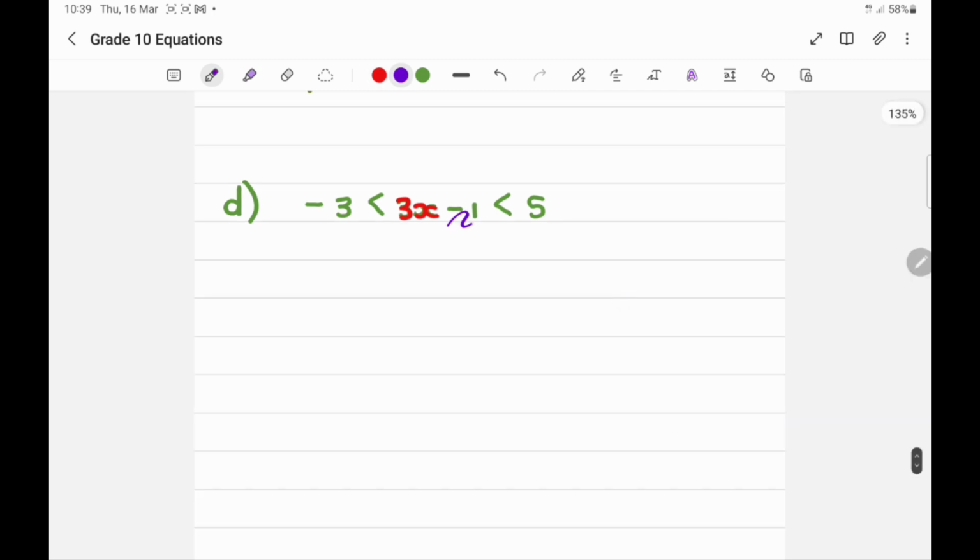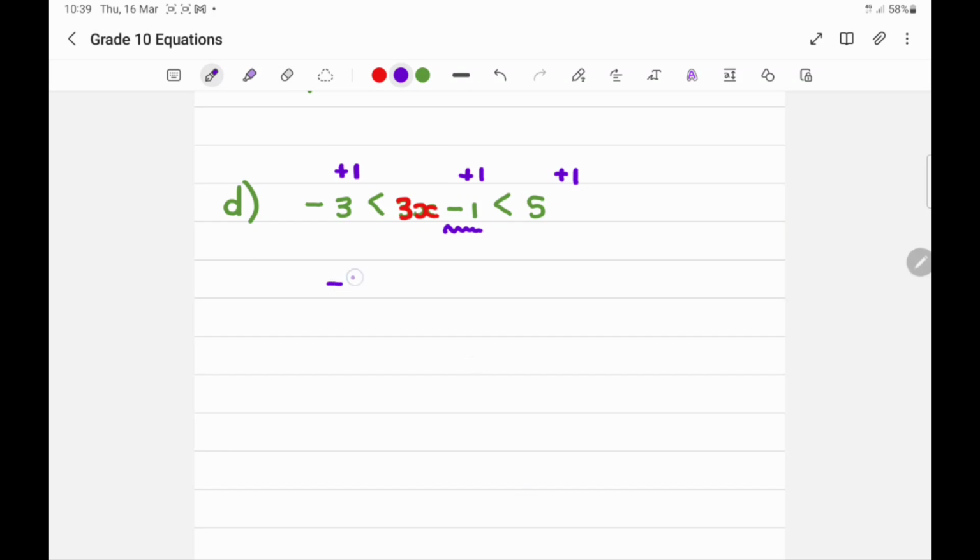But first things first, can you see there's a negative 1 here attached to my 3x? So first we're going to find 3x alone, then x. So what I'm going to do is add 1 all throughout. Why add 1? Because negative 1 plus 1 will become 0. So then at least I've got my 3x alone.